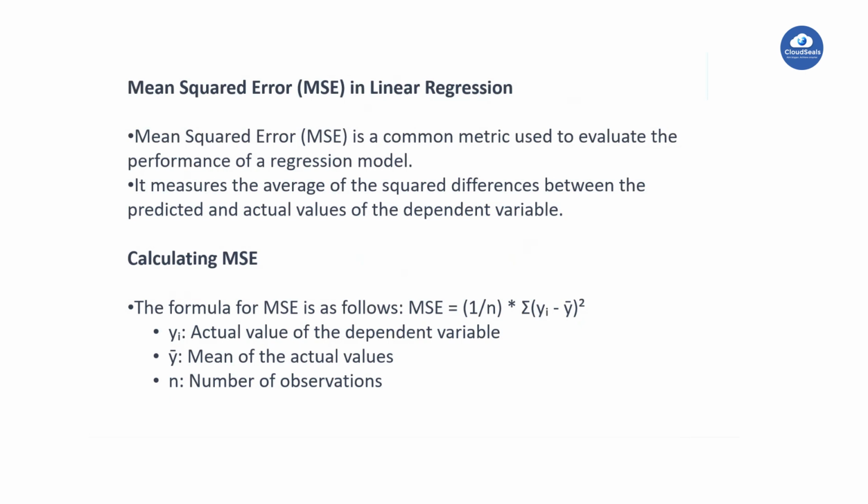For example, the expected value is 50 and it gives 45. The error between 50 and 45 is 5 only. By squaring this, 5 becomes 25. Now let's assume the difference between the actual value and the predicted value is 25: we are expecting 50, but it gives 25.